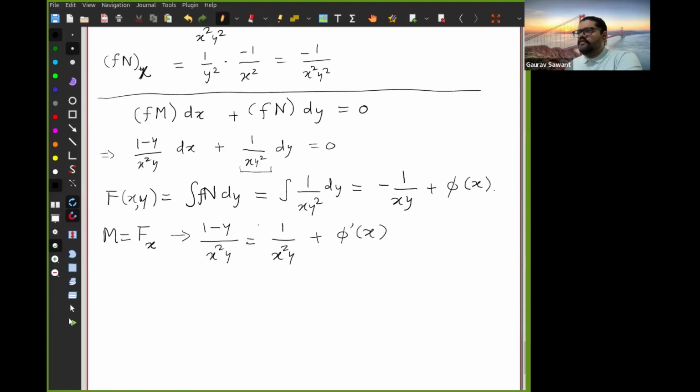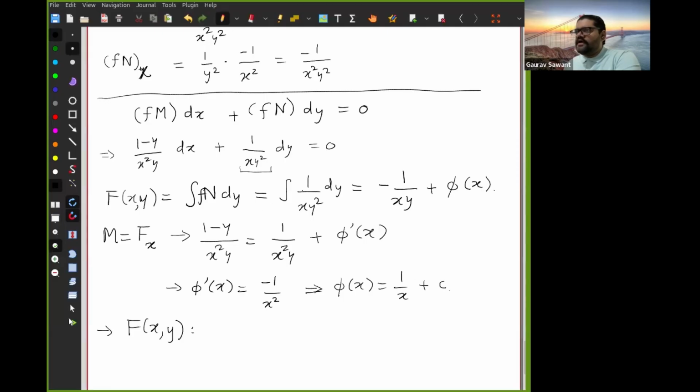And when I cancel this x square y, I will have phi dash x equal to minus 1 over x square, and integrating, I just have phi x equal to 1 over x plus some constant. And anyway, that constant will get absorbed, and I should get F(x, y) of the form.